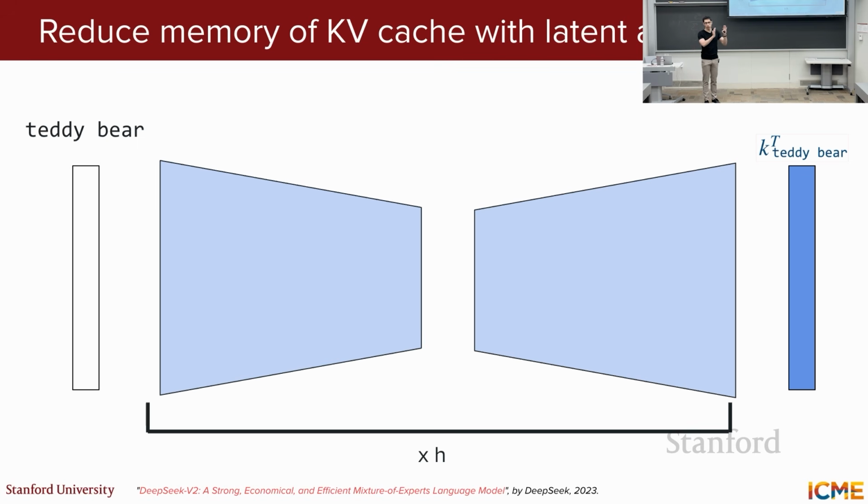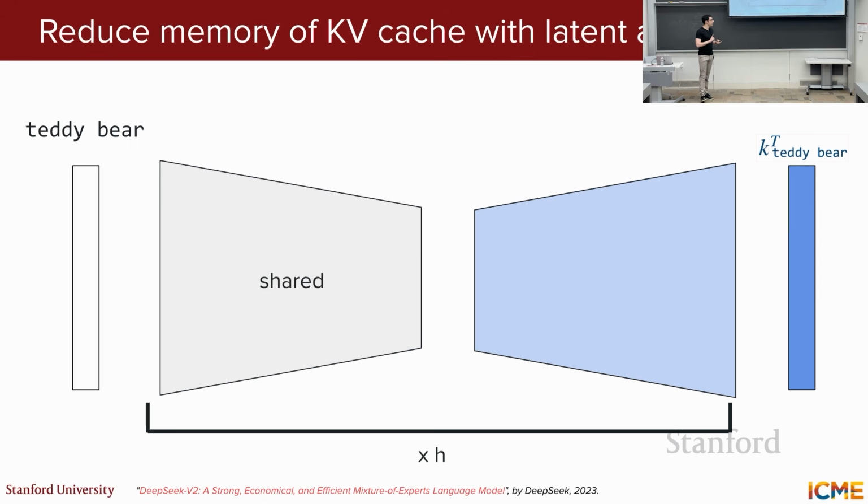You have a first transformation that reduces the dimension, and then another one that decompresses it. So this is the first operation that they did in order to make the representation more compact. But they did something else that is very smart.